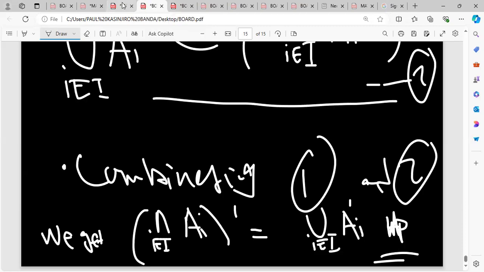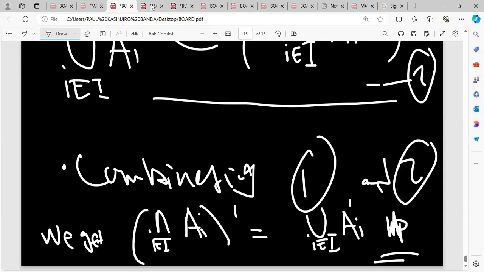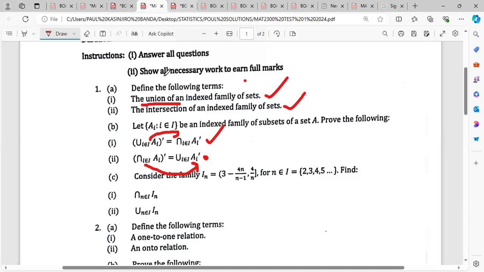Okay, so the next question now. I've also answered this one. And then the next question is just about finding these actual unions and intersections.